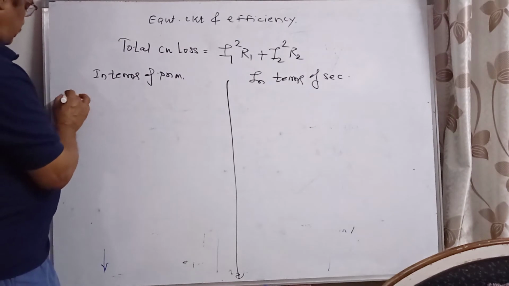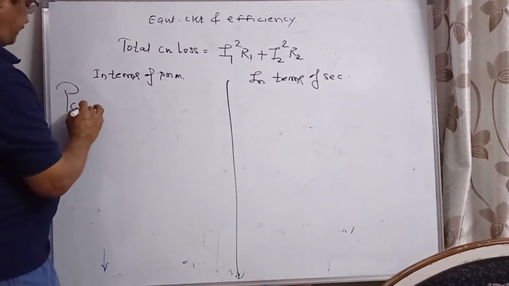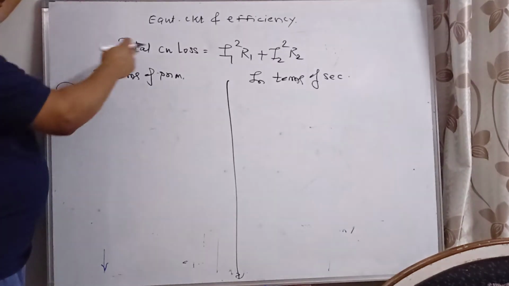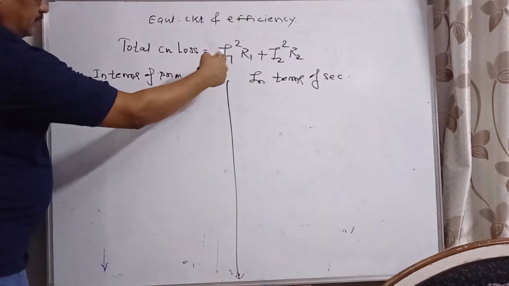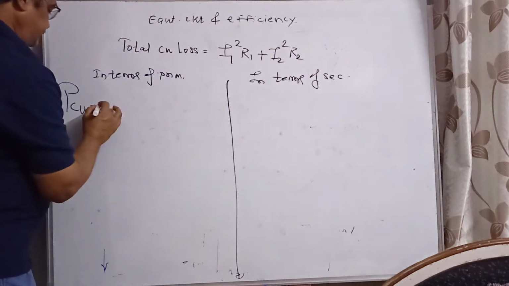So I am writing the total copper loss as P_Cu. Loss means power, copper loss.